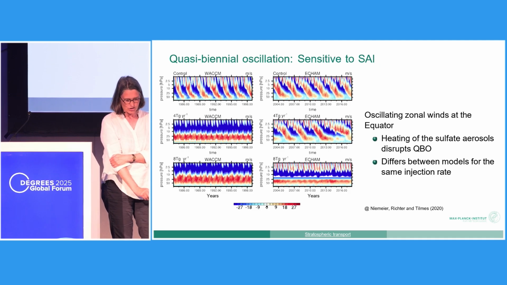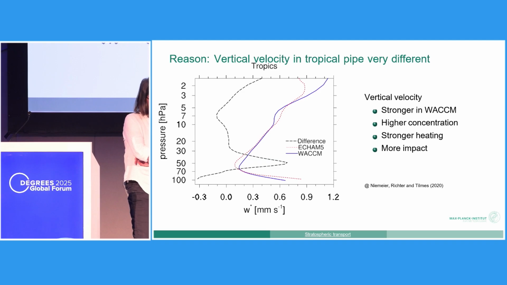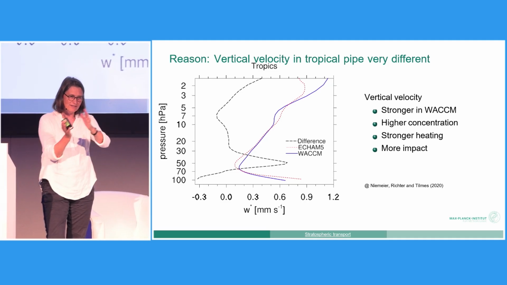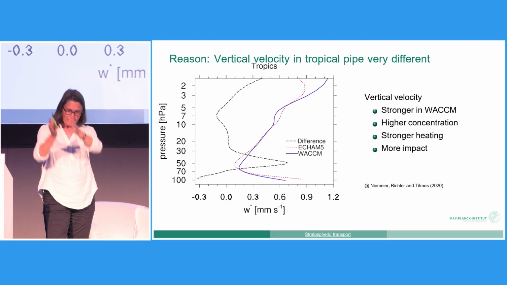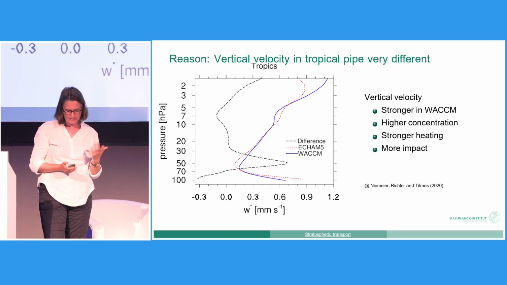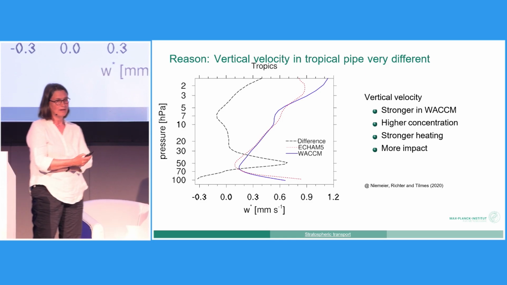To make a long story short, I just show you the main result we got, which is the vertical velocity. This vertical velocity within the tropical area where the sulfate gets transported upward is different. It differs by up to 70% between the two models, and it's a lot stronger in the WACCM model than in ECHAM.